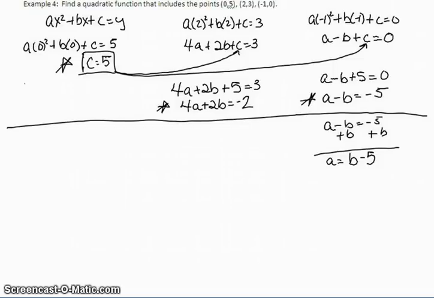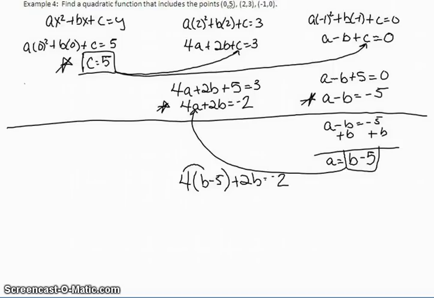Now, I take this expression, b minus 5, and I'm going to substitute it in for a into that other equation from step 3. So I have 4 times b minus 5, substituting that in for a, plus 2b equals negative 2. Use the distributive property: 4b minus 20 plus 2b equals negative 2.